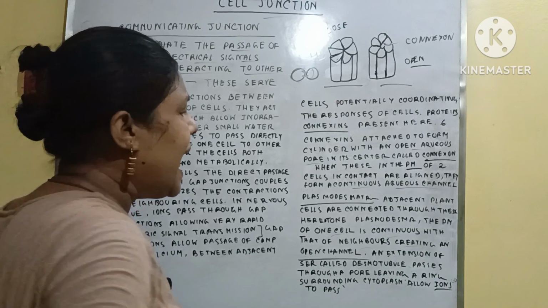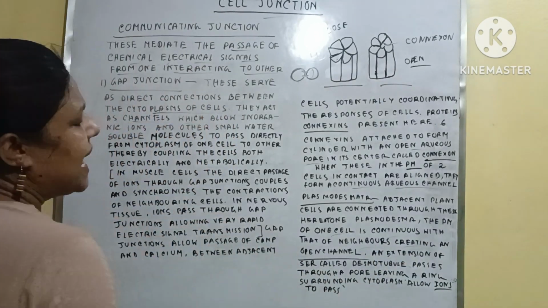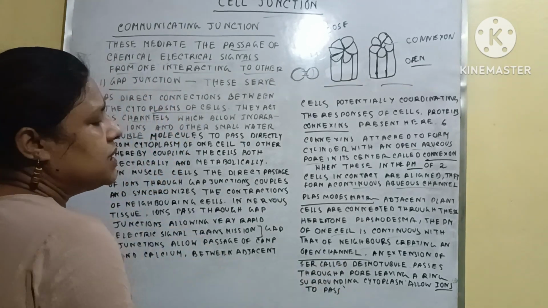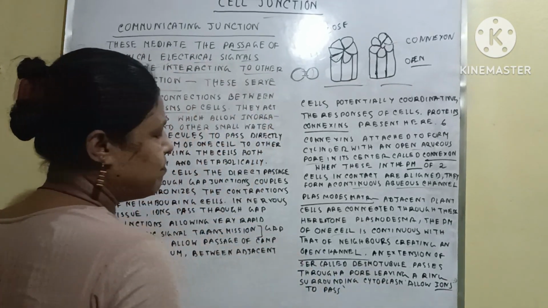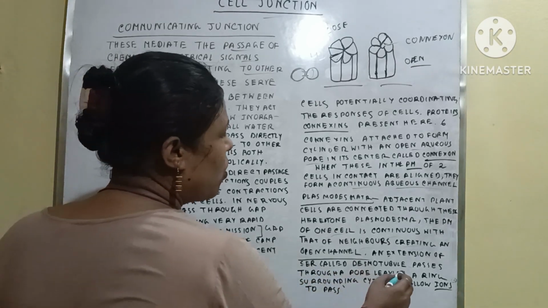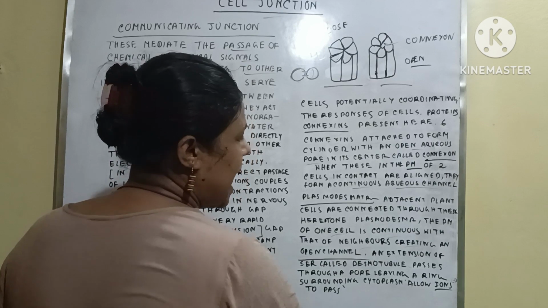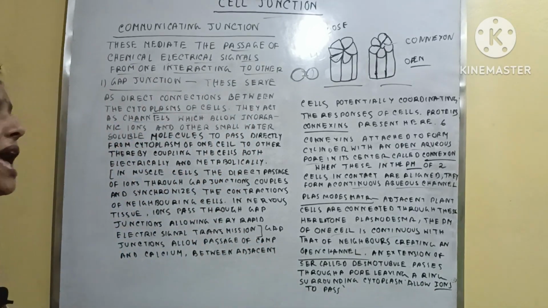Clear? An extension of the smooth endoplasmic reticulum, called the desmotubule, passes through the pore, leaving a ring of cytoplasm surrounding it, which allows ions to pass.